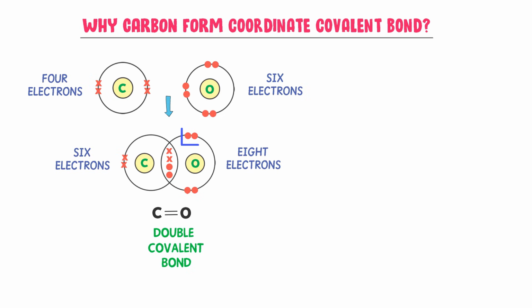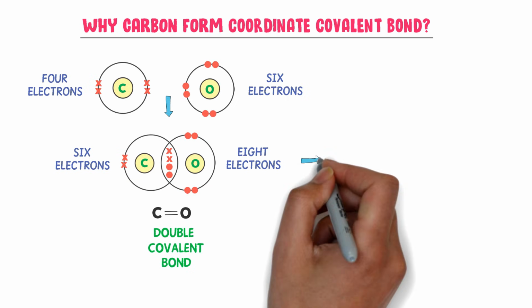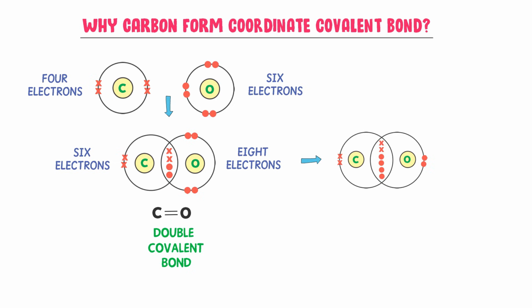So here, oxygen has this lone pair and this lone pair. On the other hand, carbon has empty space in its valence shell. Thus, oxygen donates this pair of electrons and it is mutually shared between husband and wife, or between carbon and oxygen. So this is the pair of electrons donated by oxygen atom. Now 8 electrons are present in the valence shell of oxygen and 8 electrons are present in the valence shell of carbon.